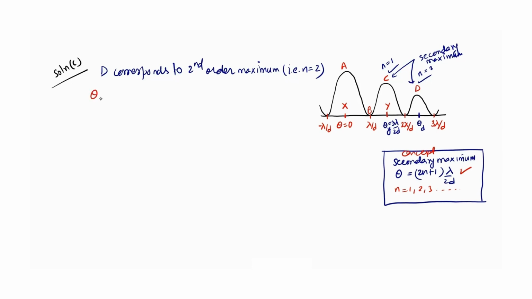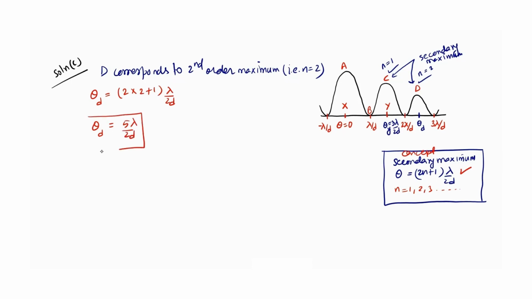So we can write theta d equals 2 times 2 plus 1, and we have lambda by twice d. So theta d equals, on simplification, we get 5 lambda by 2d.